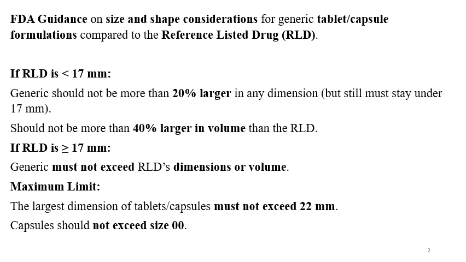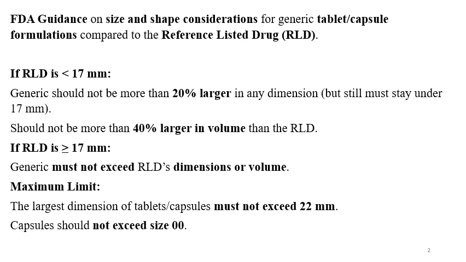For example, if the RLD is 16 mm, and you consider 20% of the 16 mm, and if it is going above 17 mm, then you cannot go beyond that. That means 17 mm is the cut off.